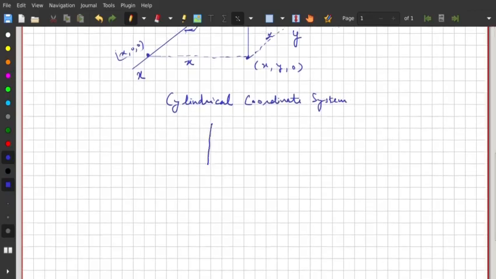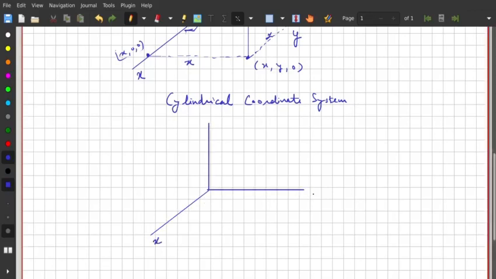Let's again draw the Cartesian coordinates just for reference purposes, because that is the system in which it's always easier to write things down.